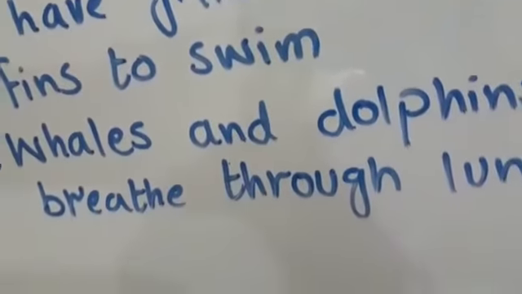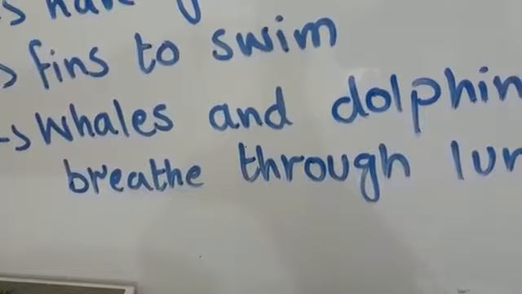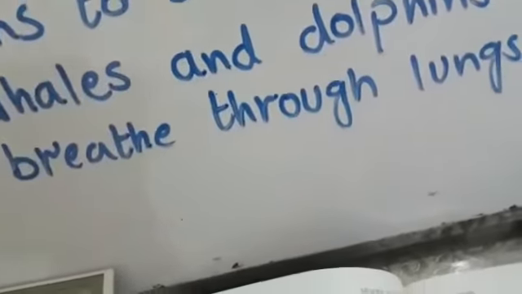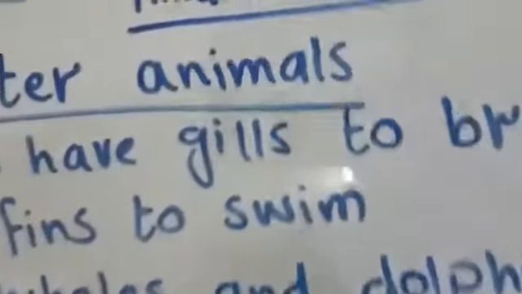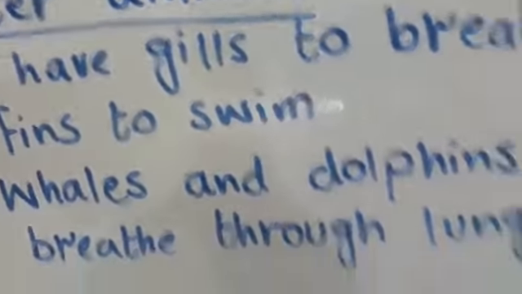Next is fins to swim. They have gills to breathe, meaning we are talking about the fish. Okay, they have fins to swim. The next quality is they have fins to swim. And what are fins? Look at the picture.